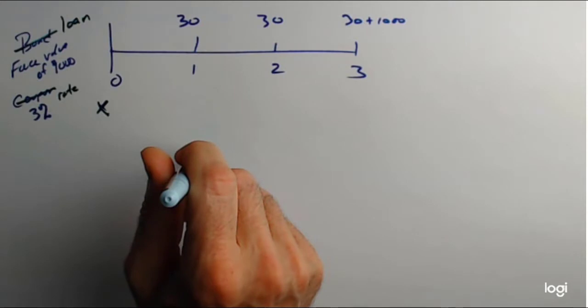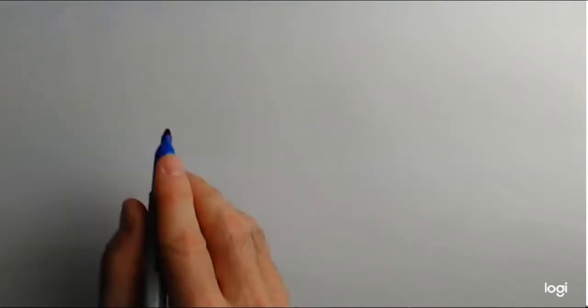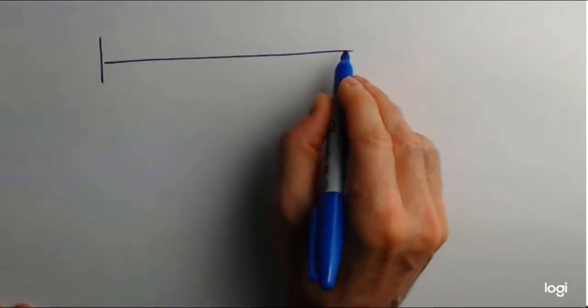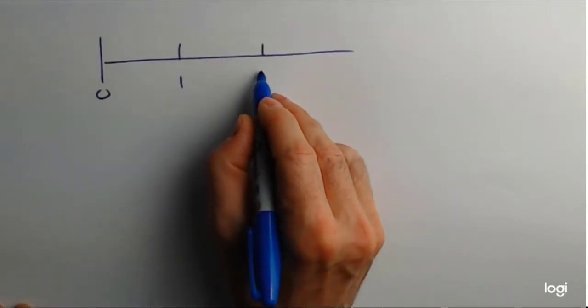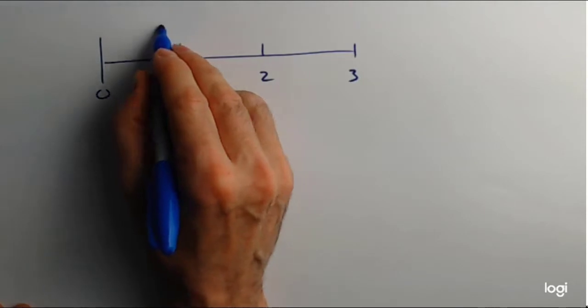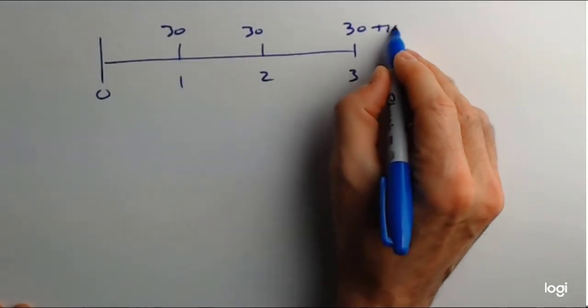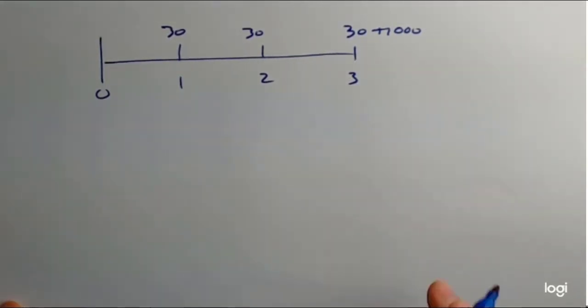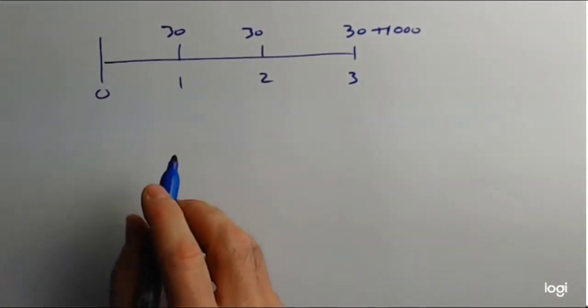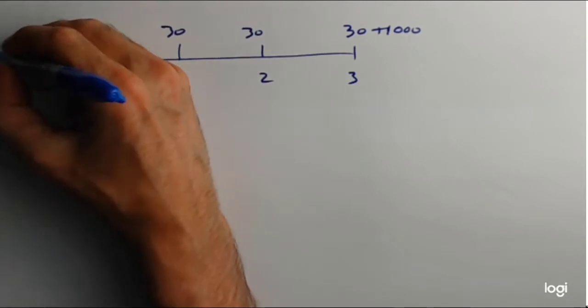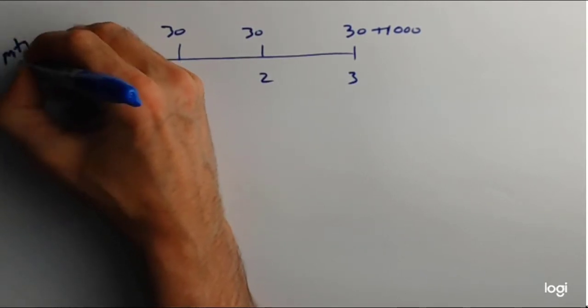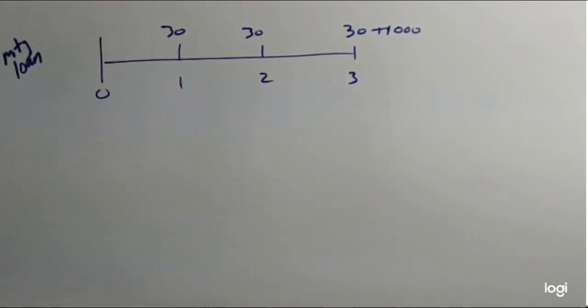Now let's discuss securitization and use what we just learned about the close relationship between bonds and loans. So let's use our imagination and go back to the same bond we've been looking at, with 30, 30, and 30 plus 1,000 in principal payment. Now, let's think of this as a mortgage loan that a bank holds.